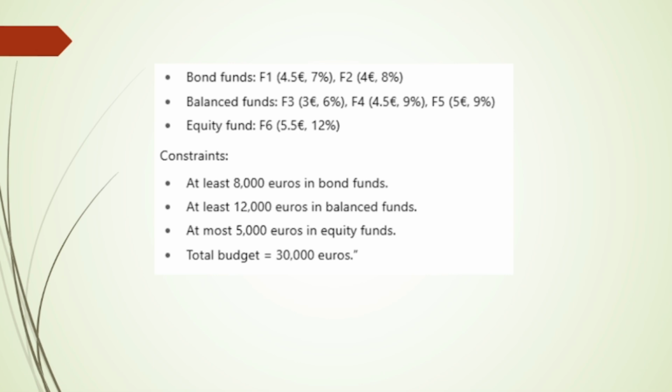The constraints are at least 8,000 euros in bond funds, at least 12,000 euros in balanced funds, and at most 5,000 euros in equity funds. So the total budget is 30,000 euros.